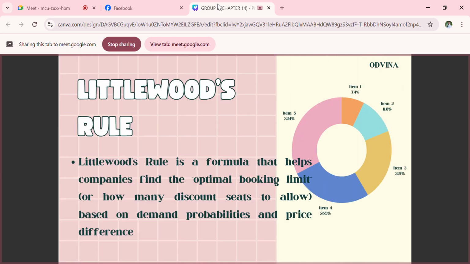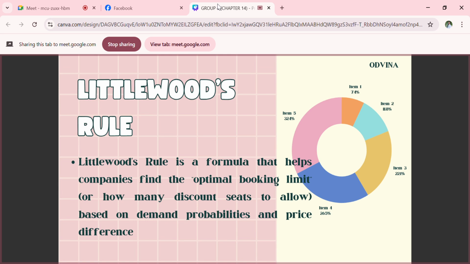First is price differences. Littlewood's rule also considers the price gap between the discount and the full price seats. If the difference is large, the business has more incentive to hold back seats for full-paying customers since each of these seats brings in significantly more revenue.